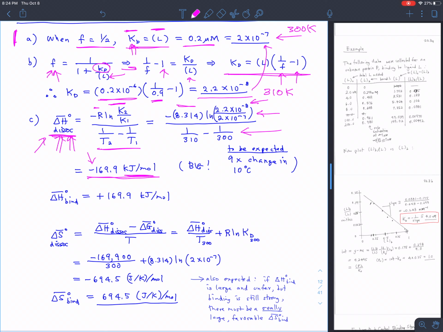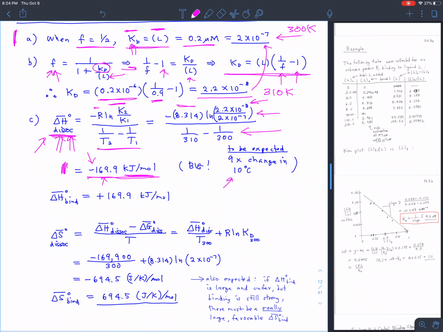So this delta H value that we're getting here is large and unfavorable to binding. It's favorable to dissociation, in fact. And notice also, remember our rule of thumb, that if delta H is around 50 kilojoules per mole, then a 10-degree difference in temperature will cause a factor of 2 in the equilibrium constant.